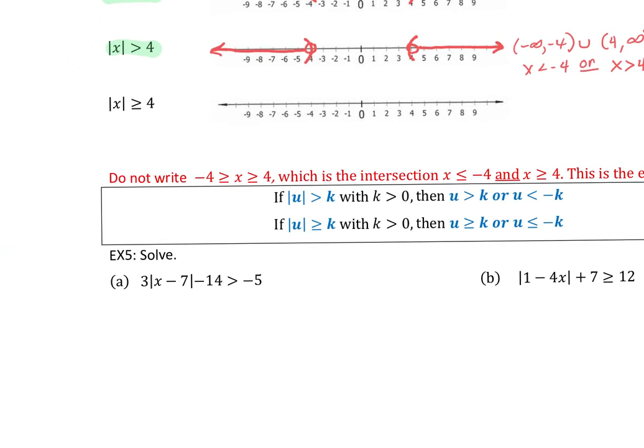Let's first go to the next inequality, which would be the absolute value of x greater than or equal to 4. The only difference between that inequality and the one above it is that I'm now including 4 and negative 4. So it would be the bracket, and everything larger than 4, bracket, everything smaller than negative 4.